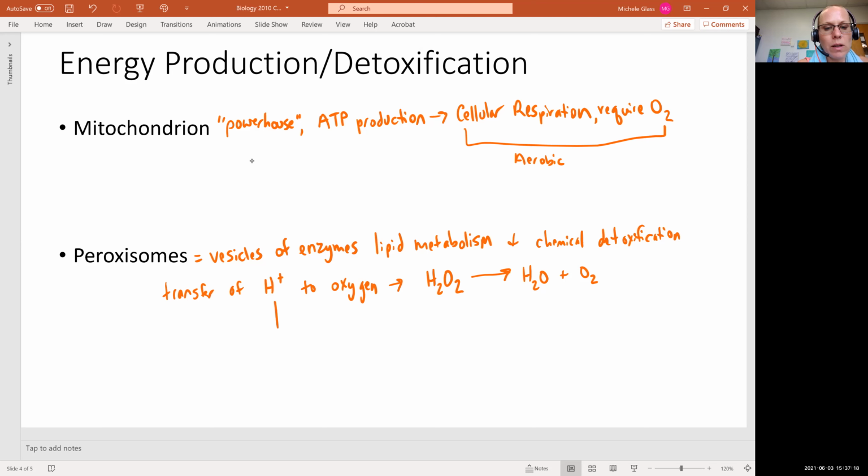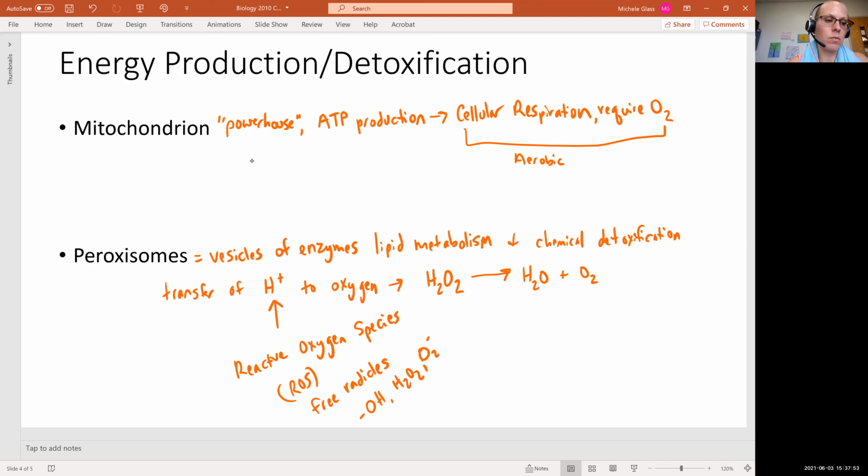Essentially, what we're dealing with here are what are described as reactive oxygen species, or ROS. Another way of talking about these is free radicals. And these are like hydroxide, these are H2O2, and this is what's called superoxide, which is oxygen with a negative sign.